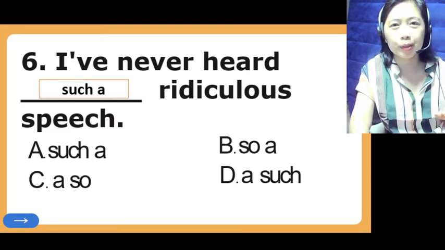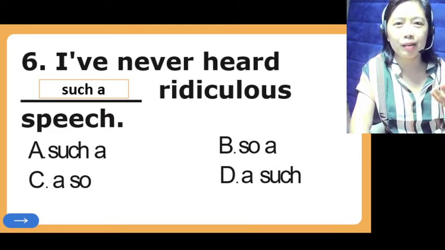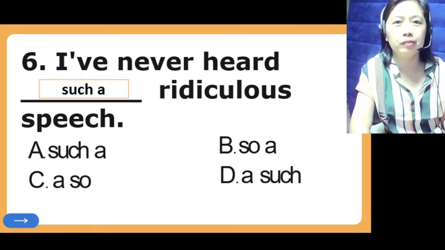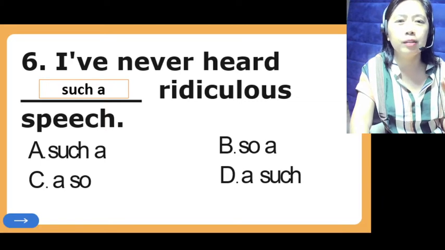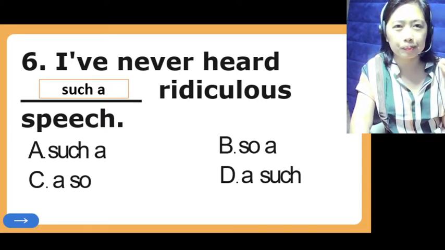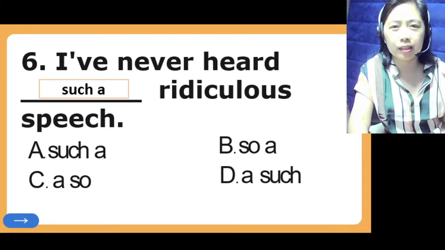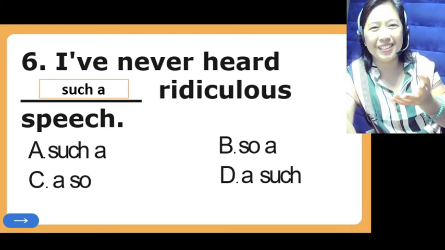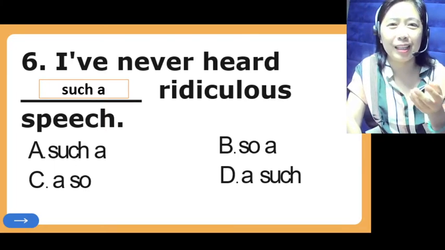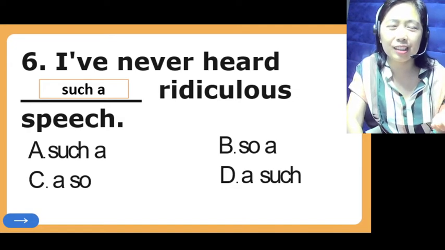For plural nouns we say such men are dangerous, or we've had such awful weather lately. Awful weather: weather is the kind of noun that cannot be counted, so we cannot say weathers. So such weather.